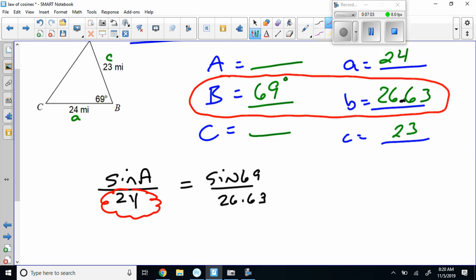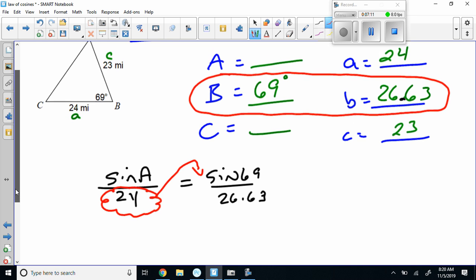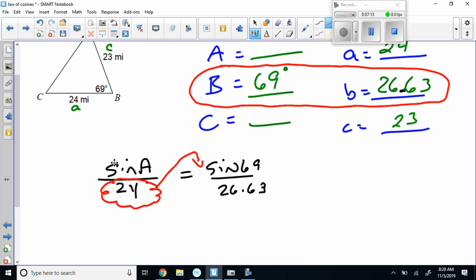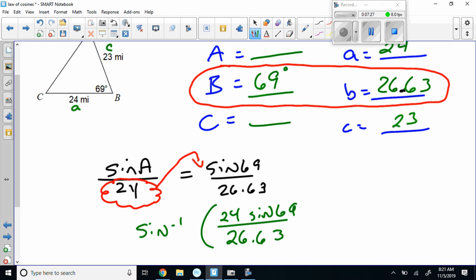The 24 here, what do we do with it? Move it up to the top, doing half of your cross product. And since we're dealing with an angle, we need to take the inverse sine to get rid of that portion. So this is what you should have as a calculation: inverse sine of 24 sine of 69 over 26.63. So what does angle A equate to?